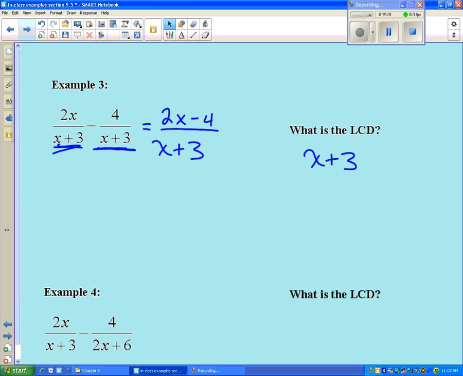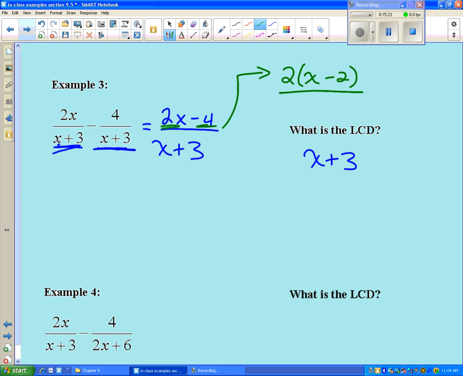I need to know, though, that it's possible that I might have to look at this and say, hey, this is now factorable. And I can factor out a 2 and get x minus 2. So technically, 2x minus 4 is factorable to 2 times x minus 2. I can put that over my x plus 3.